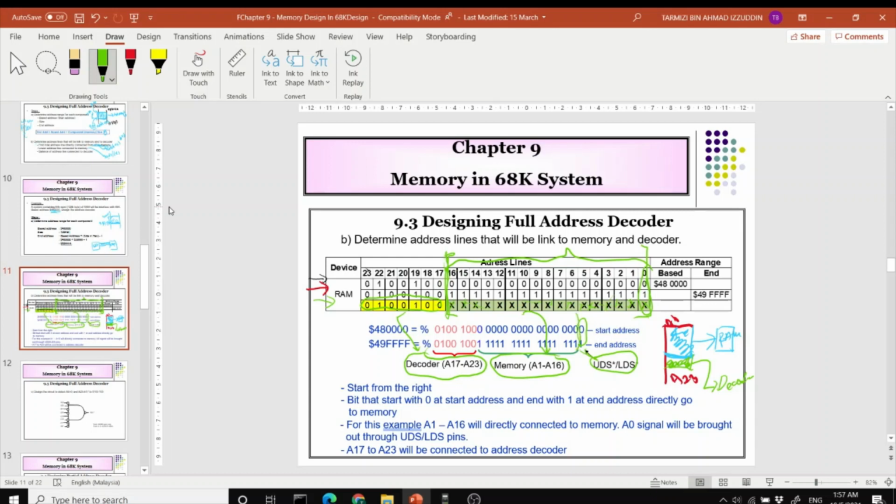So A1 to A16 here is connected to the memory, and the remainder A17 to A23 will be connected to your decoder.